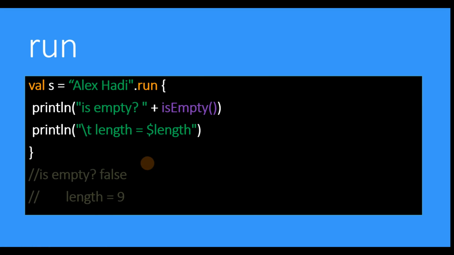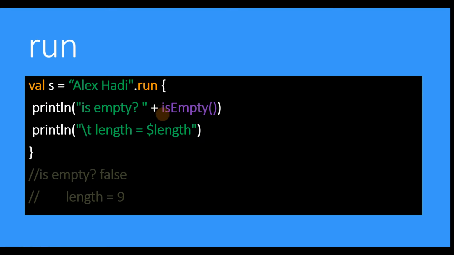And here is another scope function, and we are also applying it to the string, but in this case inside the run function the reference is "this". We can omit "this". In this case we are omitting it.